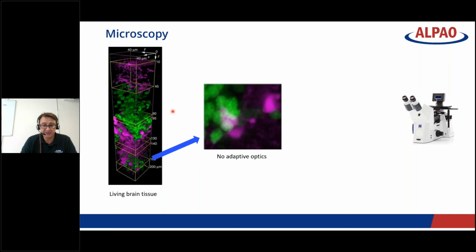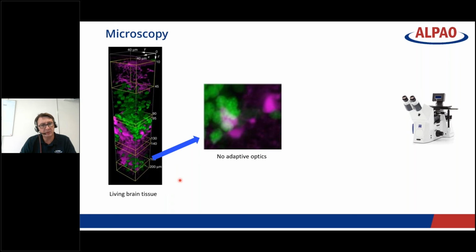And the result is that even if you have a perfect microscope, the image will not have the quality that you expect. In particular, if you go deeper and deeper, in this example it's like 200 microns, because after this you have a lot of scattering problems that is a different story.